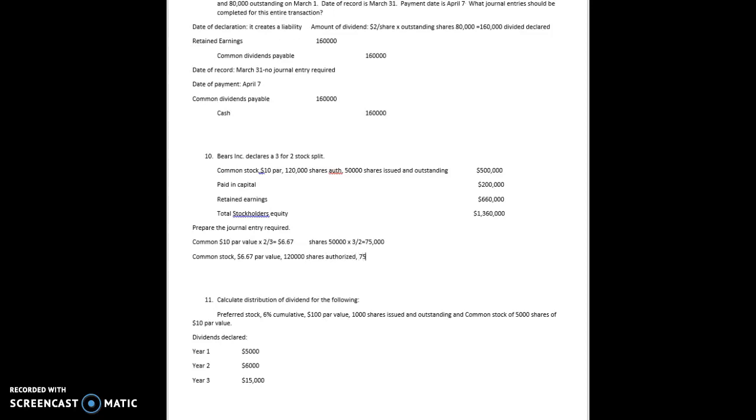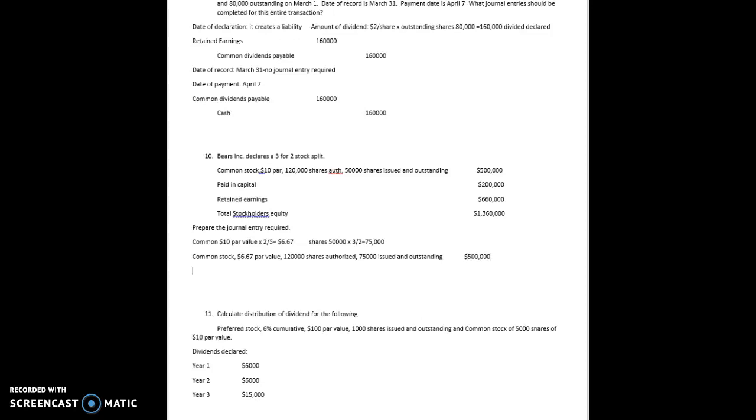And now we have 75,000 issued and outstanding. But if we look, that number is still 500,000. That doesn't change. So that means that there is no journal entry required for a stock split.